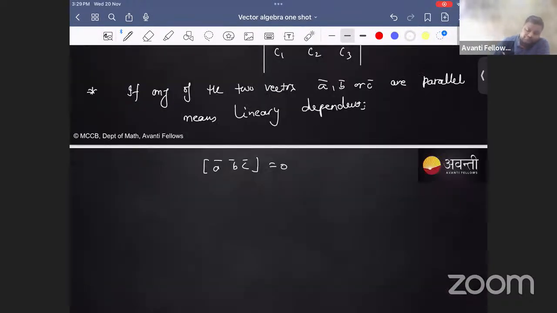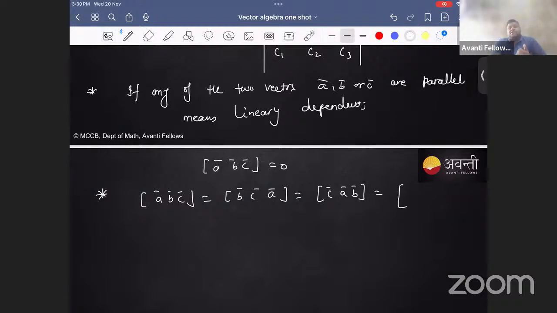Next, see this box ABC is box BCA is equal to box CAB. If A, B and C follow a certain order, their value does not change if we reshuffle cyclically.